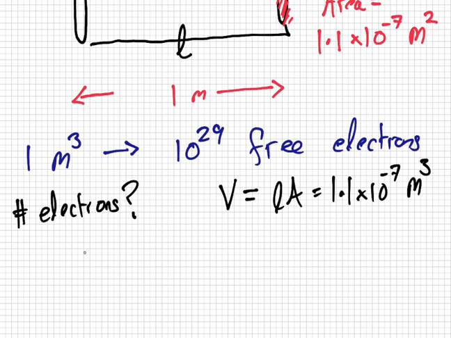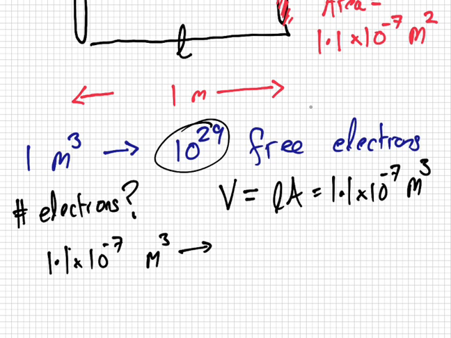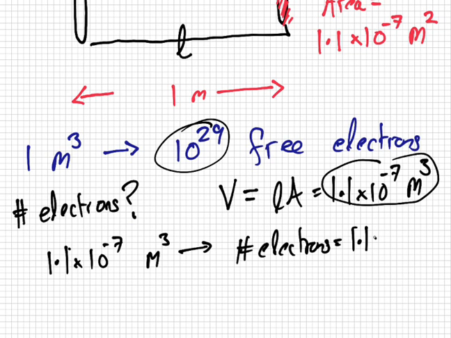So therefore 1.1 times 10 to the minus 7 meter cubed would be basically that number multiplied by 10 to the 29. So it'll be smaller. So if you multiply this number and this number, what do we get? 1.1 times 10 to the plus 22. Sorry, plus 22, of course. So that's how many electrons we have.